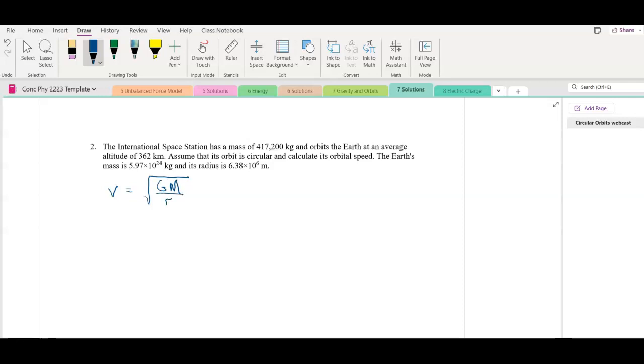Okay, but I have a couple of things here. I need to find the orbital radius because they did not give me that. They gave me the altitude of the space station. And so I need to take the radius of the Earth and add the altitude to find that orbital radius. So let's see, the radius of the Earth is 6.38 times 10 to the 6th meters. And look here, they gave me the altitude in kilometers. That's very common. I need to convert that to meters, right?